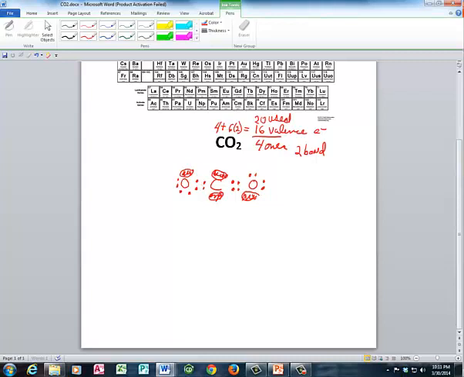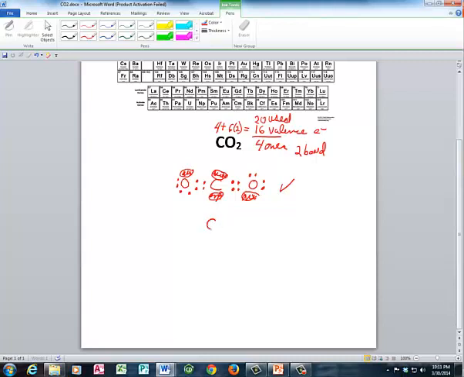Let's see if our count is right this time. I've got 2, 4, 6, 8, 10, 12, 14, 16. So that is right. I've got 16 valence electrons. I used 16 valence electrons, and my structure is done.